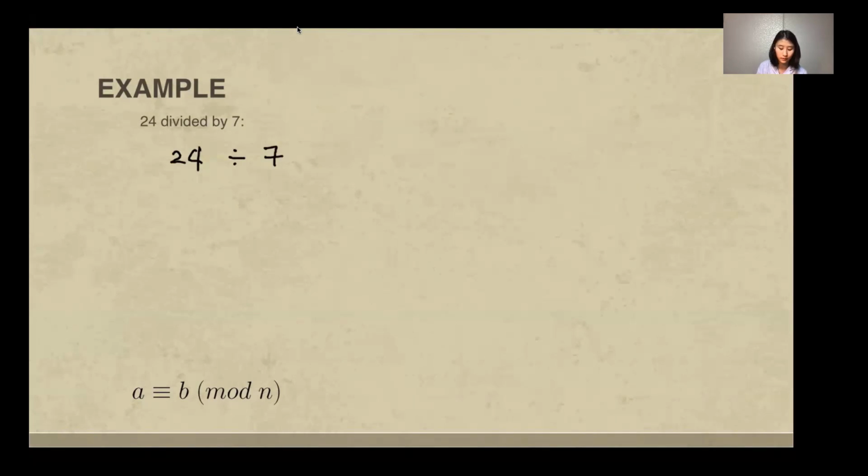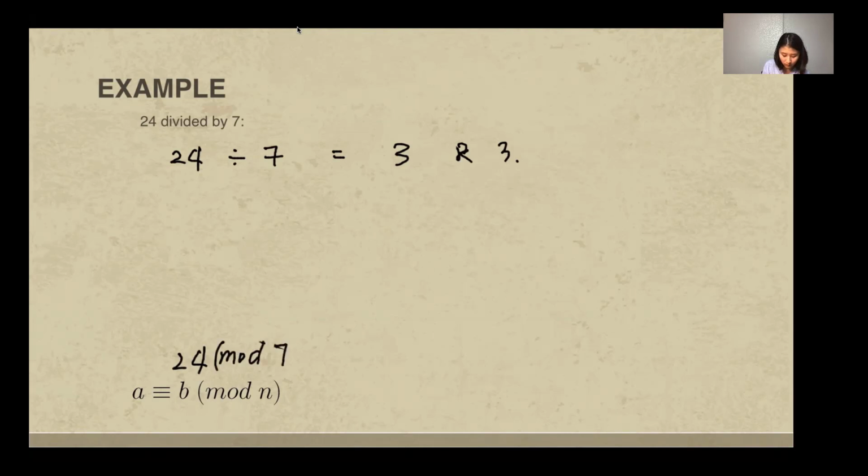24 is not divisible by 7, but we know that 7 times 3 is 21. And the remainder is 3. So in this case, we would write this as 24 mod 7 is congruent to 3.